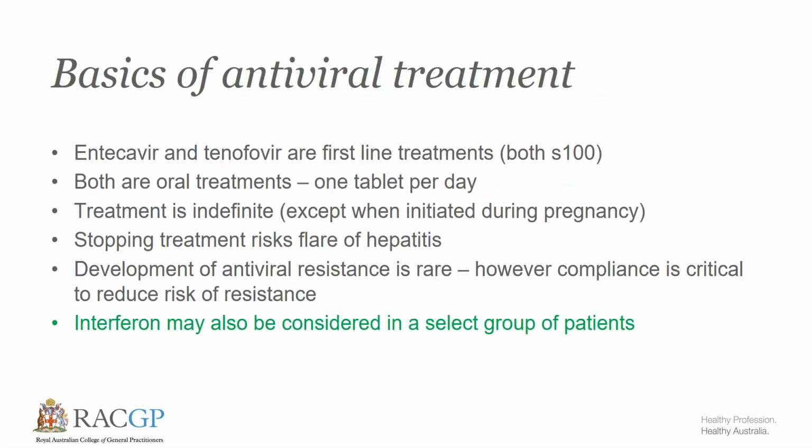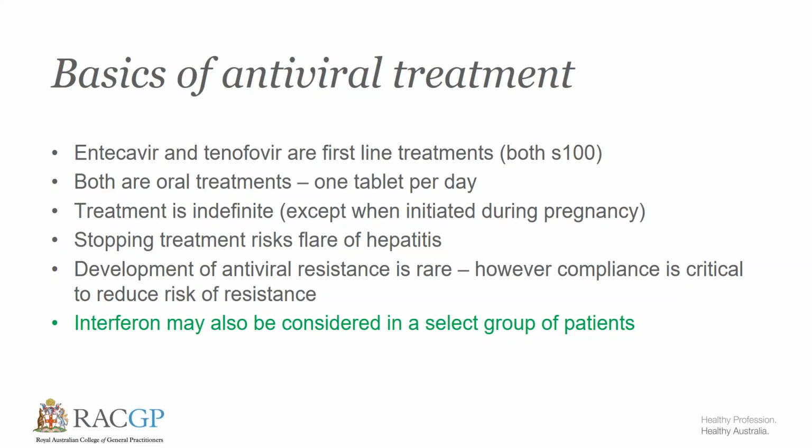I'll just touch very briefly on the basics of antiviral treatment, because learning about antiviral treatment is not the purpose of tonight's webinar. It is an S100 prescription authority, so you need to do a course to be able to prescribe hepatitis B antivirals. Both entecavir and tenofovir are the first-line treatments in Australia.